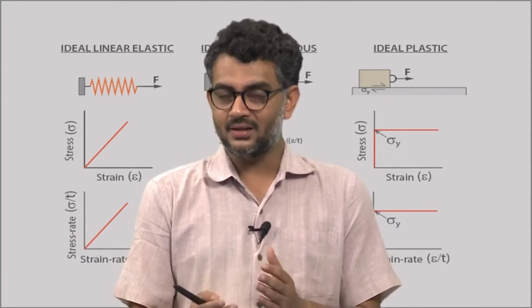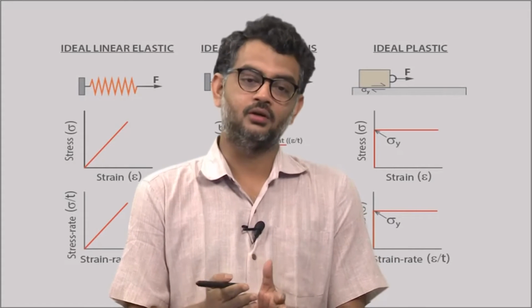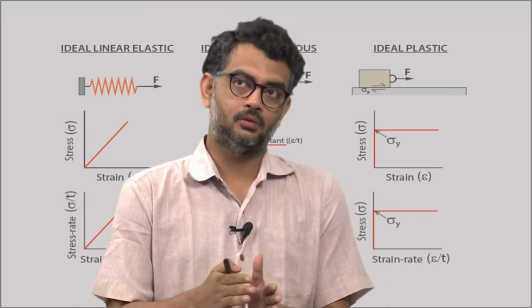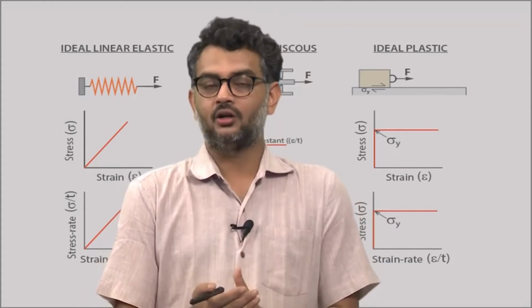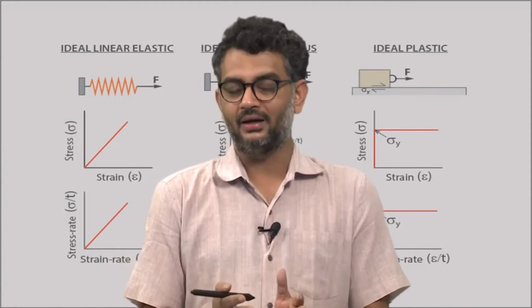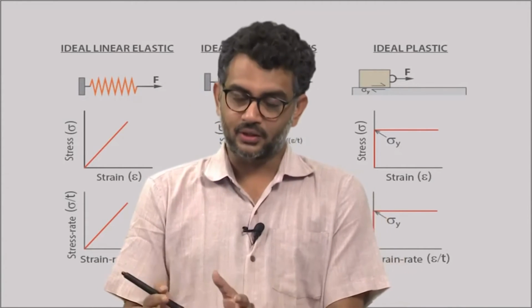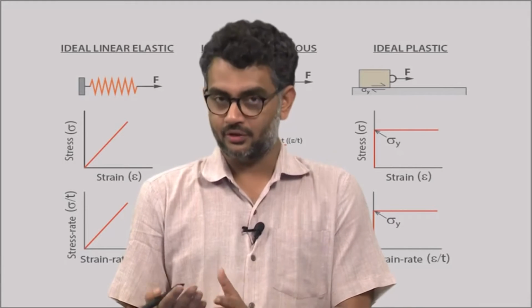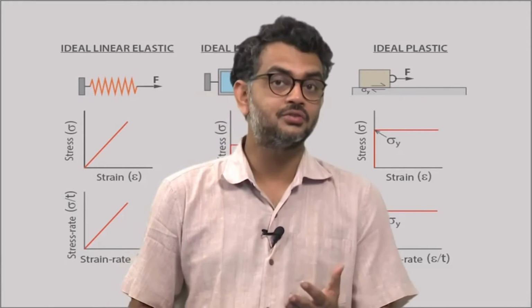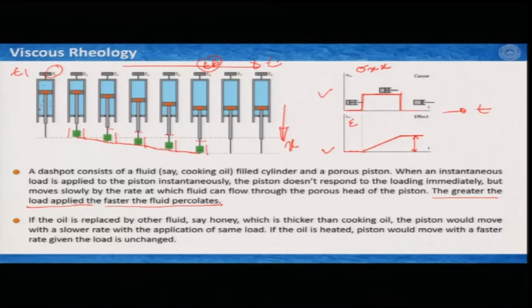Therefore, it has some relation with the material, and at the same time with external parameters, the influence of temperature and so on, as we have seen with the glasses. We will learn later about the influences of the external parameters on all sorts of rheology, but this is in a nutshell what is viscous rheology.